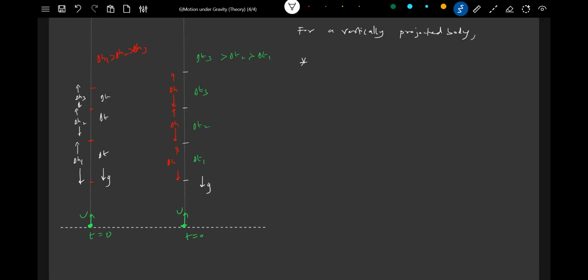Height ascended for equal intervals of time will decrease.